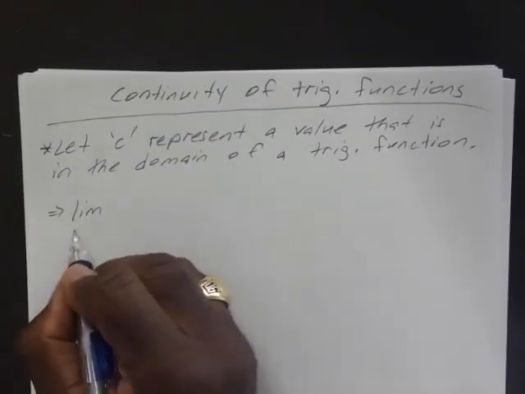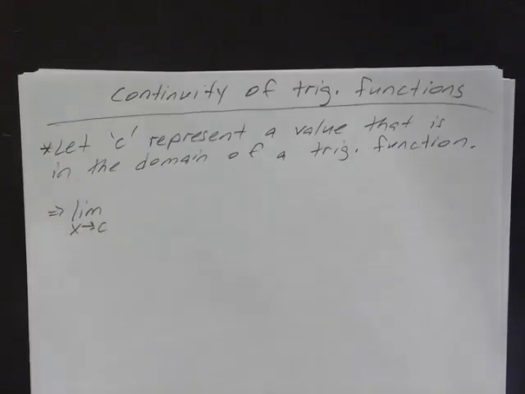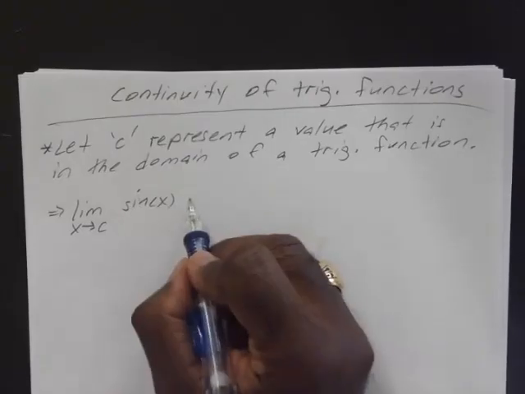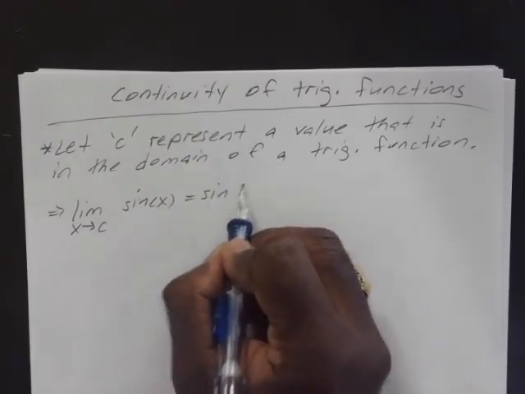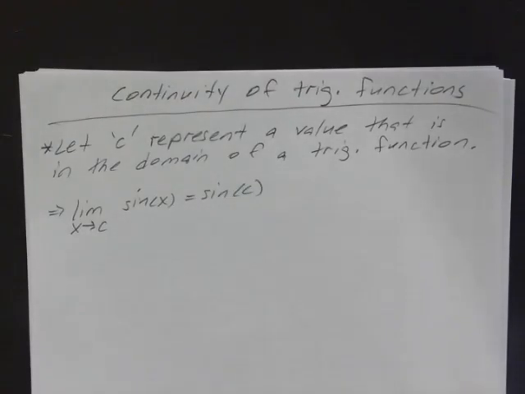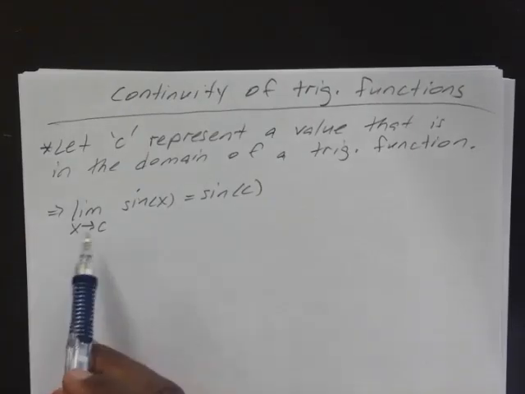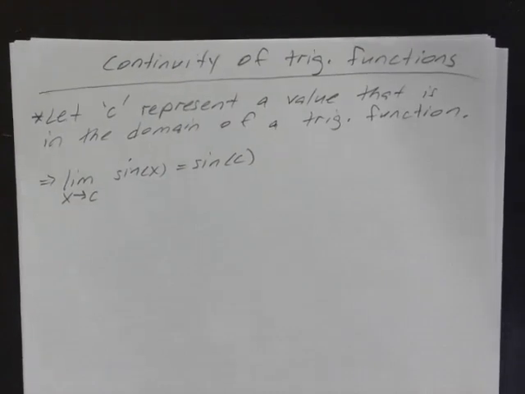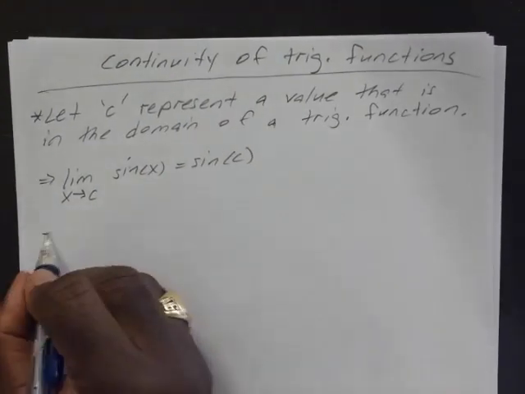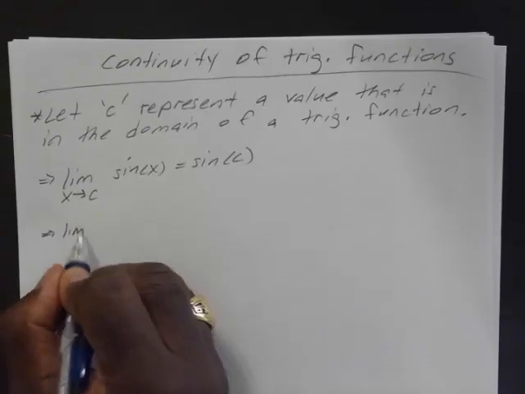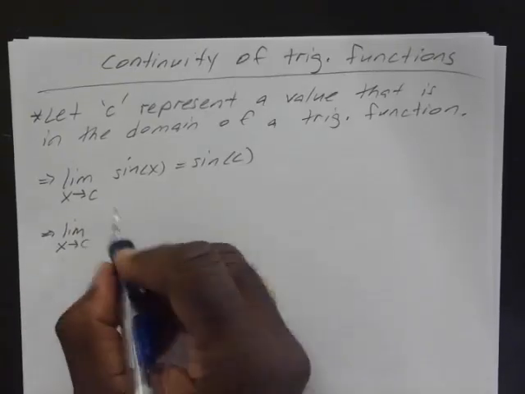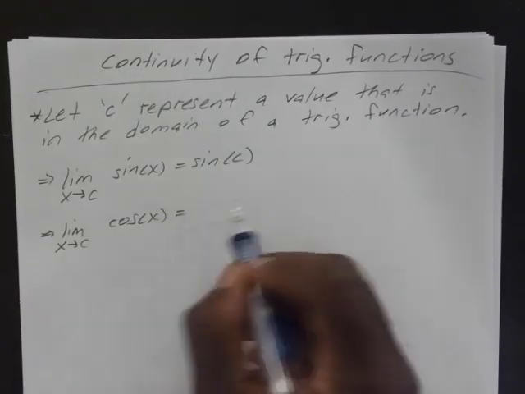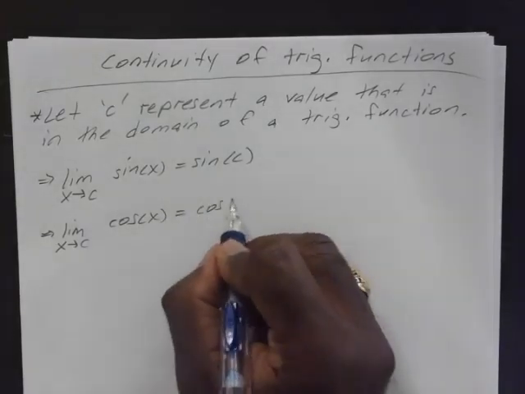where if you take the limit as x approaches c of sine of x, that's just sine of c. If c is equal to pi, we're just going to replace it with pi. We have the limit as x approaches c of cosine of x. That's just cosine of c.